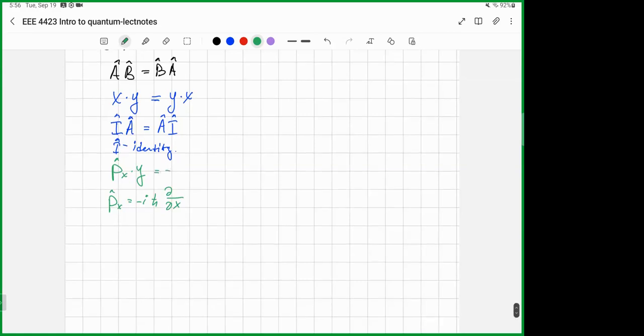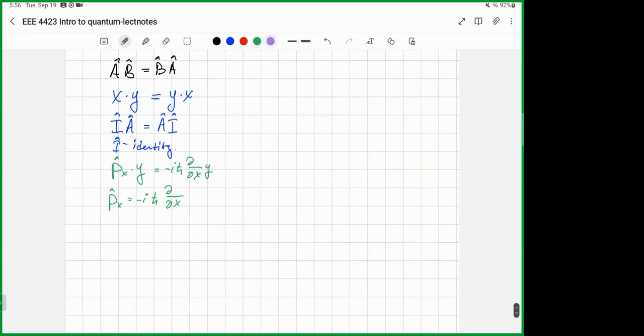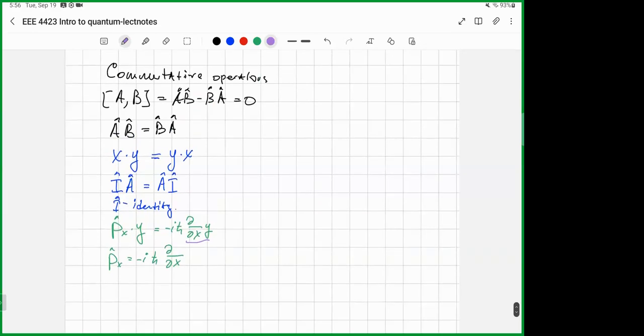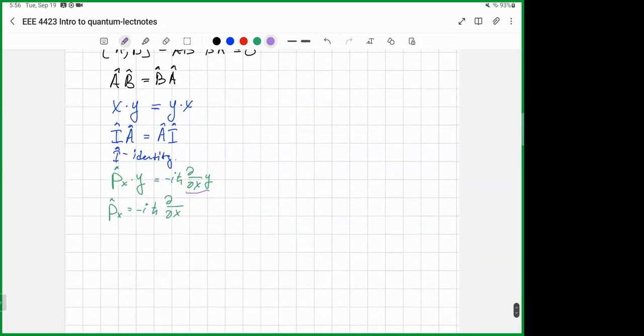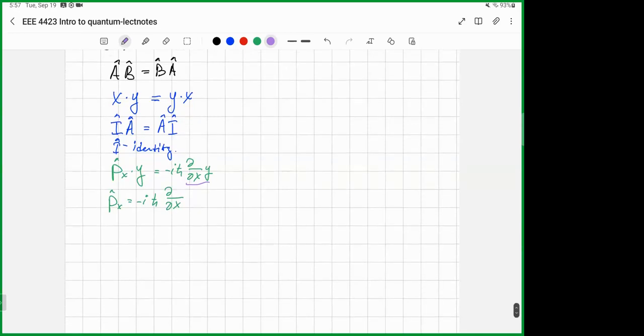So when I write minus i h bar d over dx with y here, of course I can exchange them, because the partial derivative by x doesn't act on y. And for this reason, we can measure the coordinate y and the momentum x in one experiment. So these two commute, and they can be measured in one experiment.